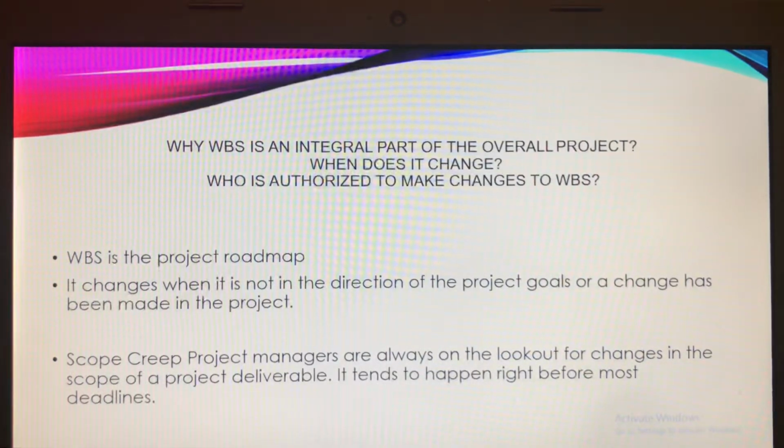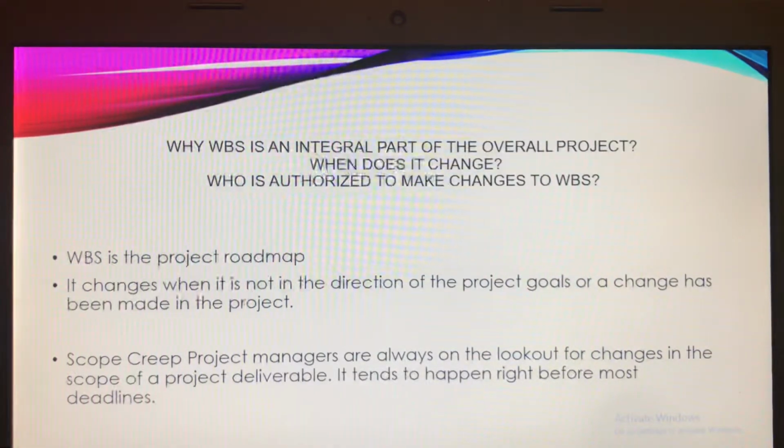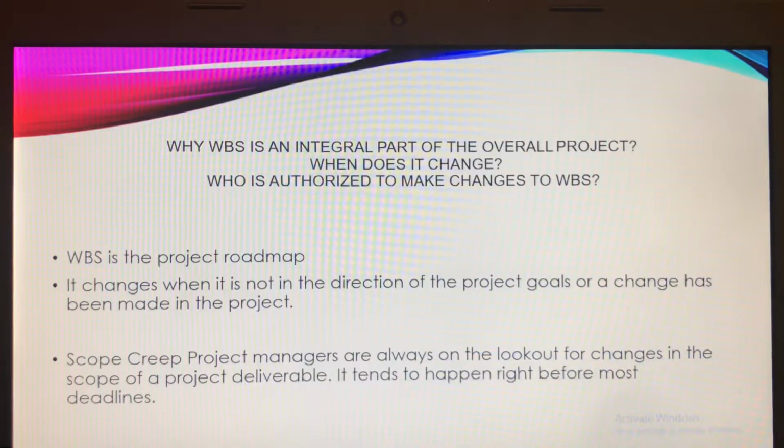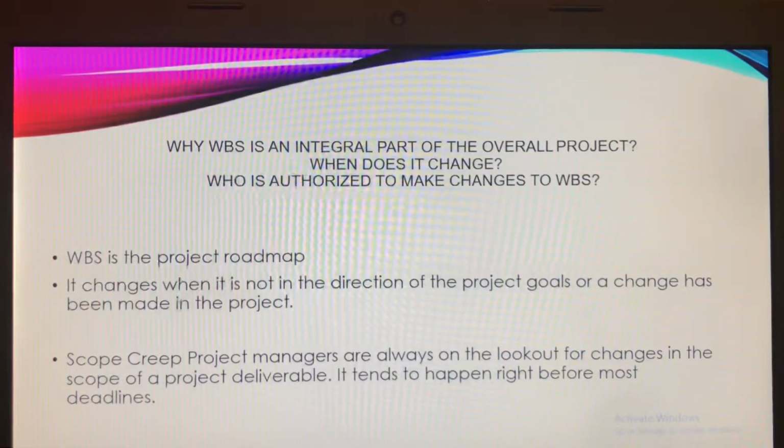And scope creep: project managers are always on the lookout for changes in the scope of a project deliverable. It tends to happen right before most deadlines, and actually WBS is the project roadmap.